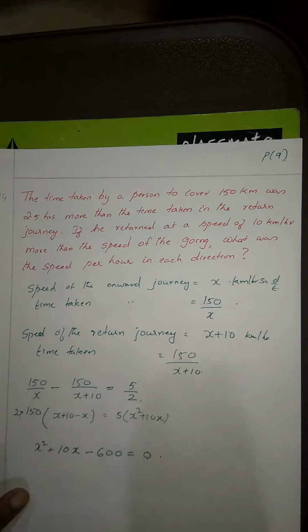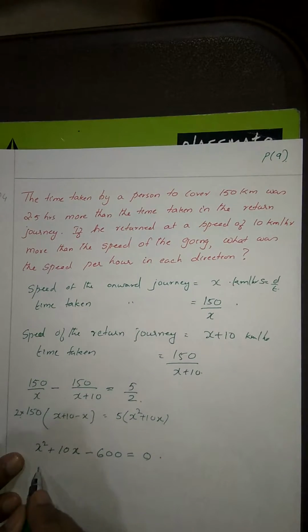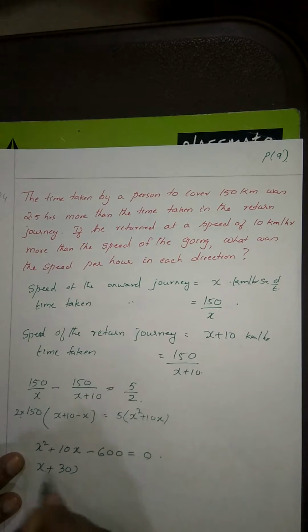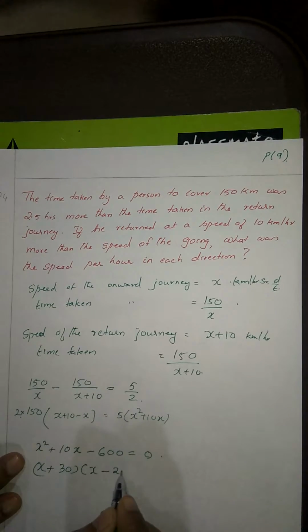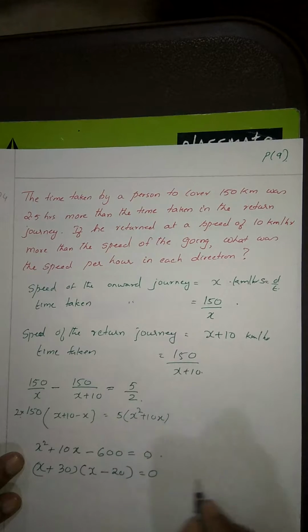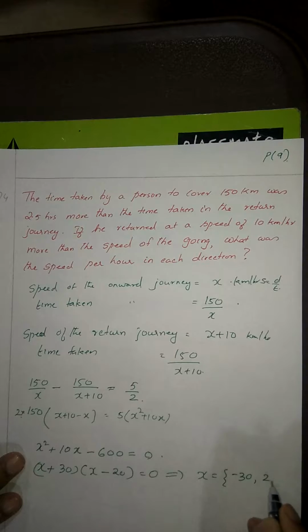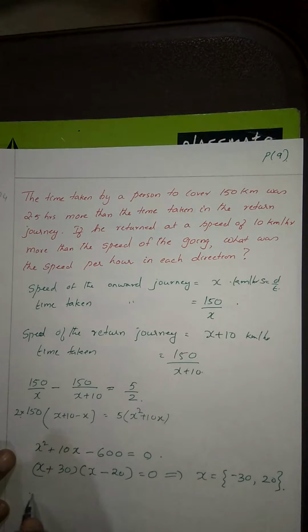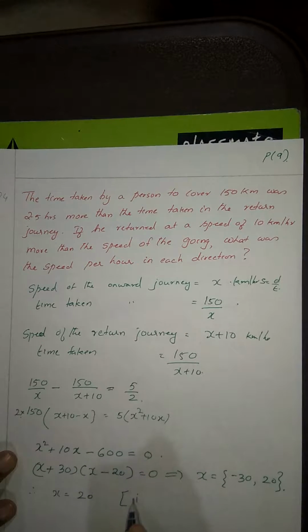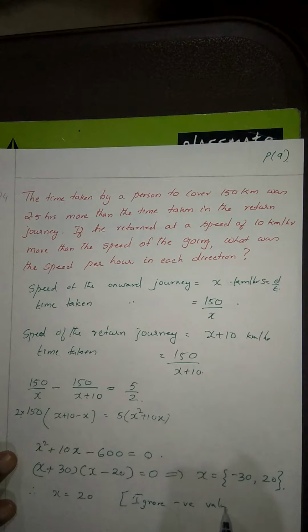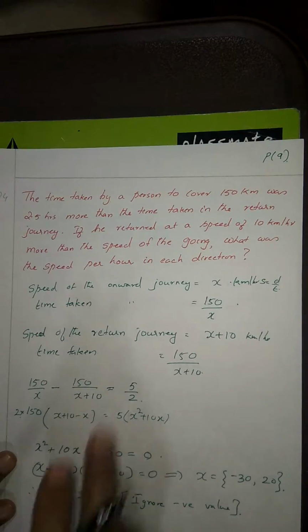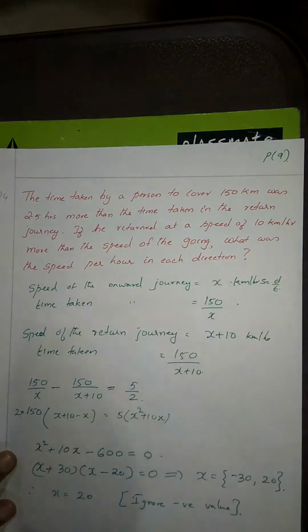From this you get x plus 30 into x minus 20 is equal to 0, from which you get x is equal to minus 30 and 20. Therefore x is equal to 20. Ignore the negative value. Now 20 is the speed of the onward journey.